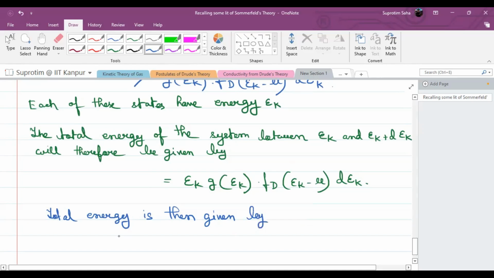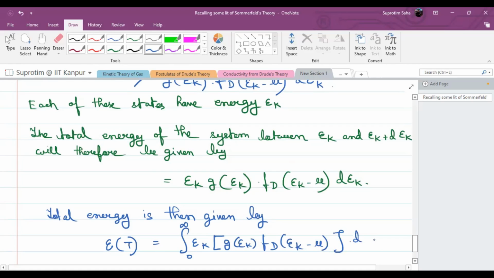So basically you have to integrate this term, and the integration limit will go from 0 to infinity because you have an infinite spectrum of energy levels, but discrete, of course. This is the integral of Ek times g of Ek times Fermi-Dirac of Ek minus mu times d of Ek.